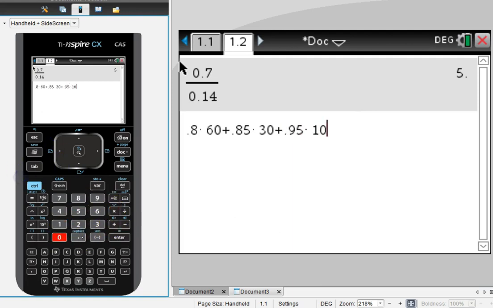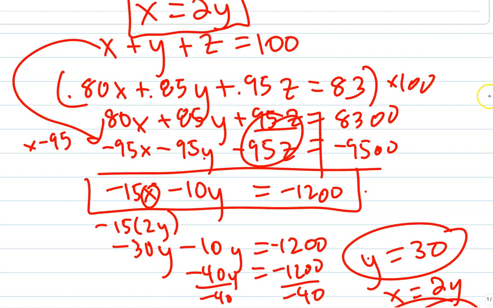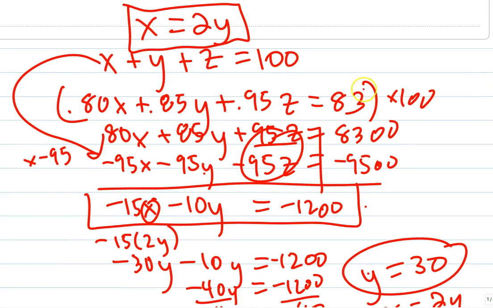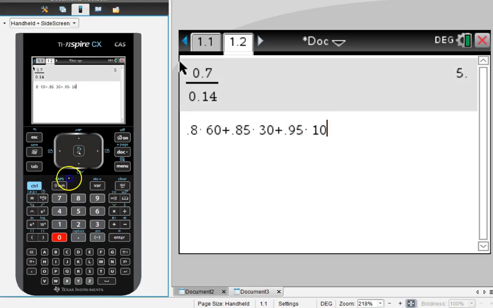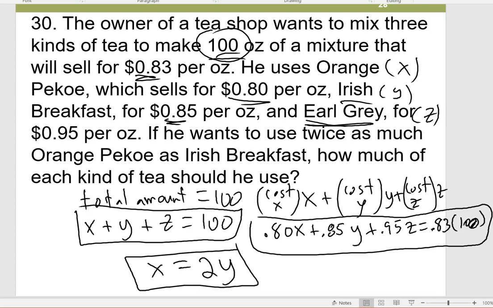Make sure. And what that should give us is $83. Should give us the 83 cents times 100, or $83. If we've done this right, this should equal 83. I'm liking my answers. All right, let's keep going.